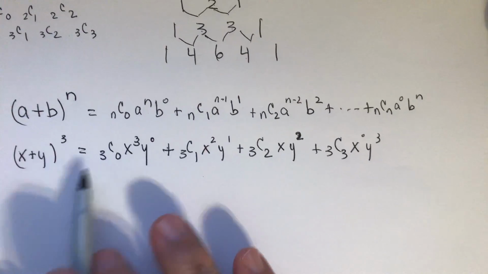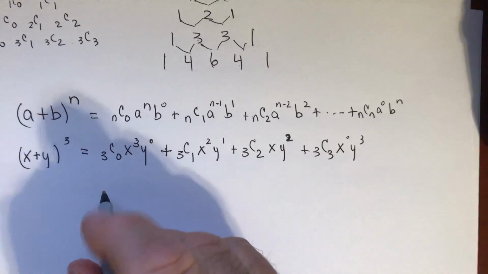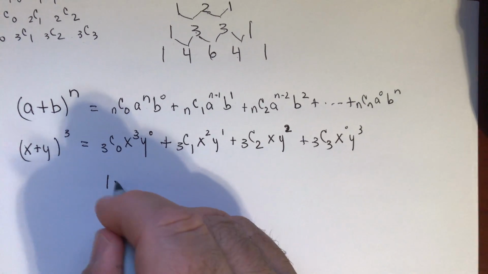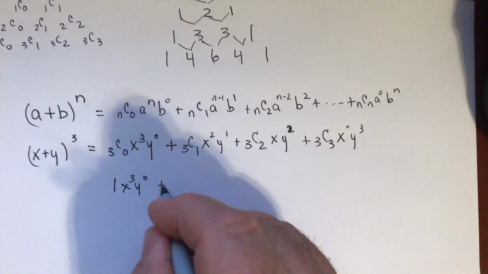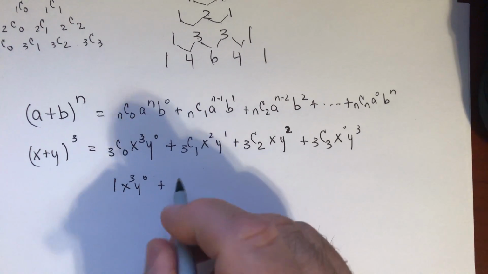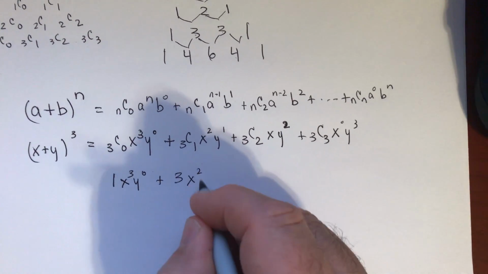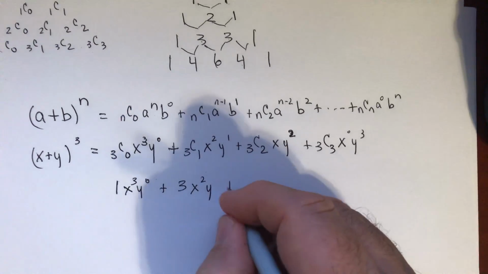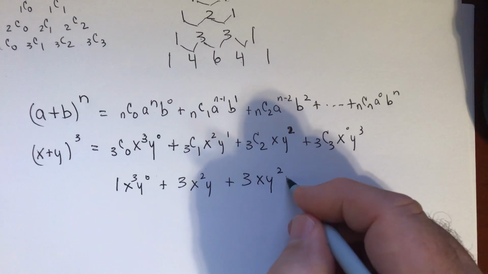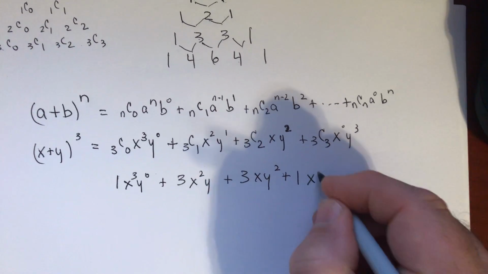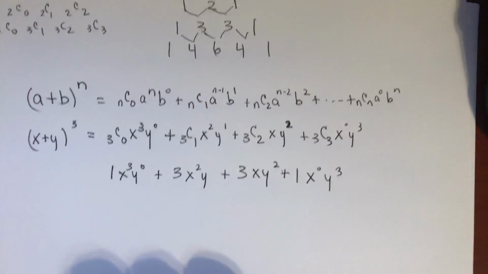All right, 3c0 is 1. So this is 1 x to the 3rd, y to the 0, plus 3c1 is 3, 3x squared y to the 1st, plus 3xy to the 2nd, plus 1 x to the 0 y to the 3rd.